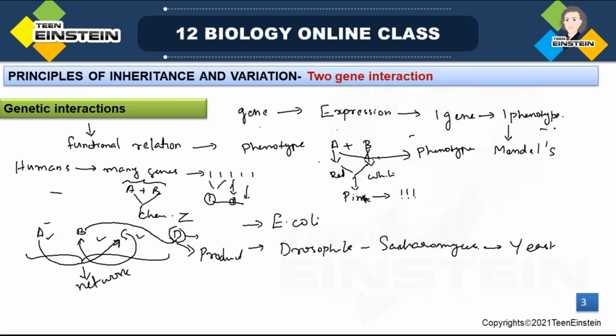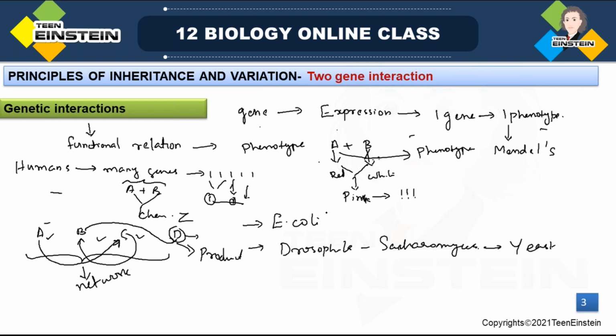Later they conducted more and more experiments, and they proved that many characters are governed by two or more genes. It's not just one gene or two genes; sometimes many genes will be involved.